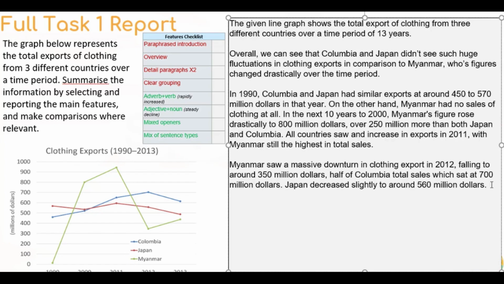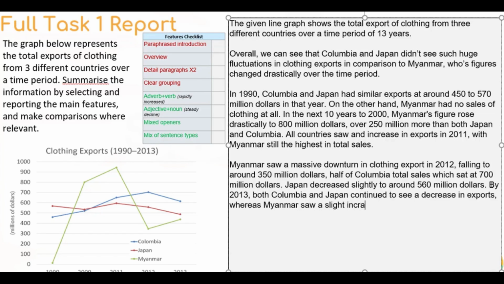Let's say by 2013, both Colombia and Japan continued to see a decrease in exports, whereas, another way to say, on the other hand, whereas Myanmar saw a slight increase, although was still the lowest producer or exporter of clothes in 2013.